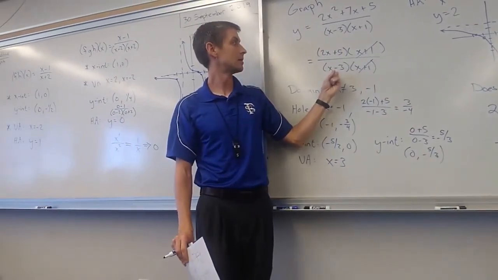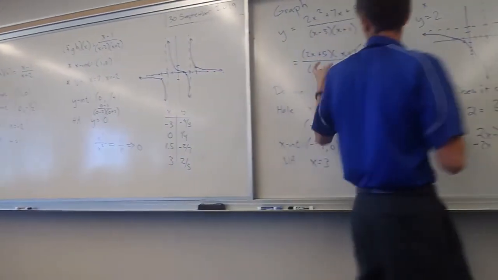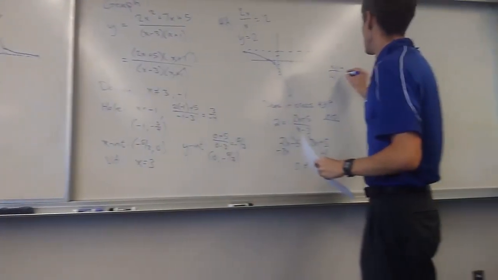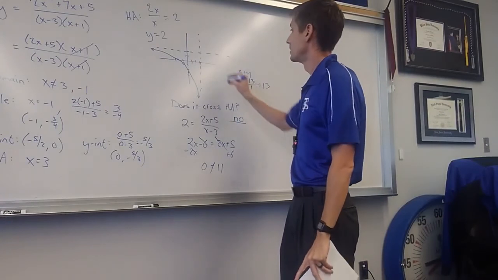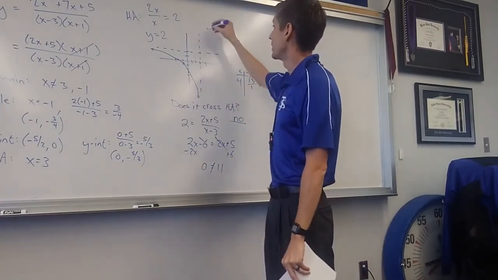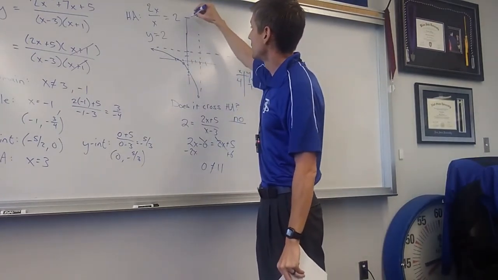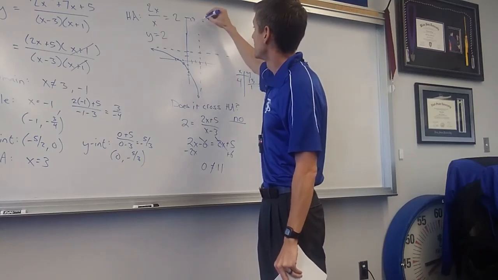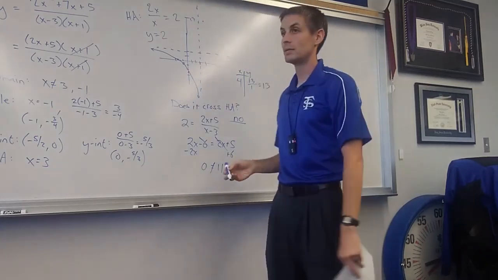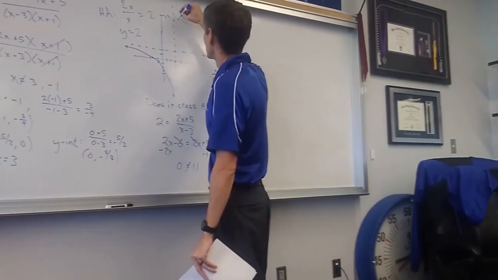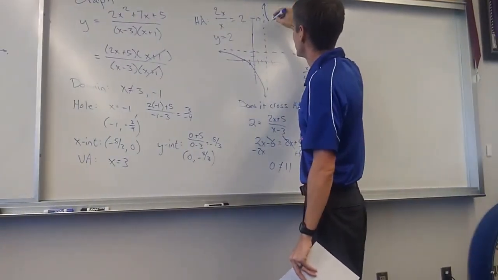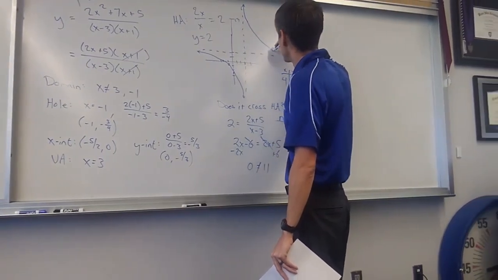We're going to say that's 13 right there. Okay, that's definitely above the horizontal asymptote. So then it's going to approach vertically, and eventually it's going to drop down and approach horizontally. Here, that it doesn't cross. That becomes our graph of that function. Questions on that one?